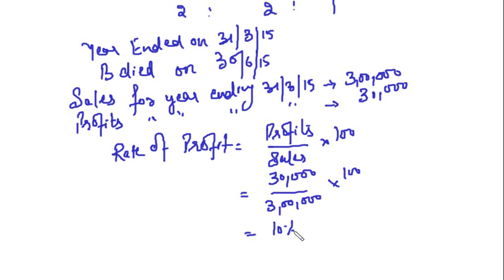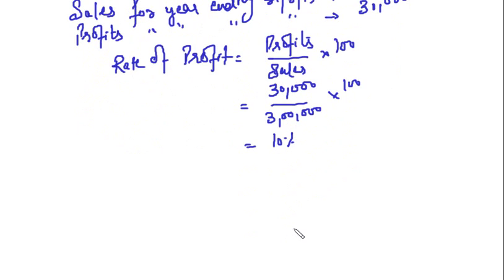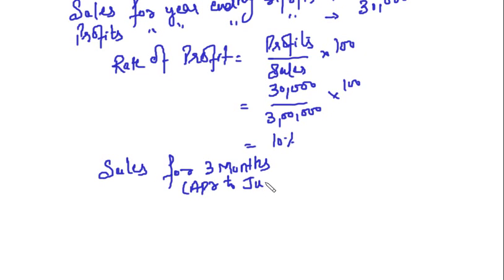Right? Now we are given the sales for 3 months. Which 3 months? April to June, because he died on 30th of June. We are given the sales for 3 months.